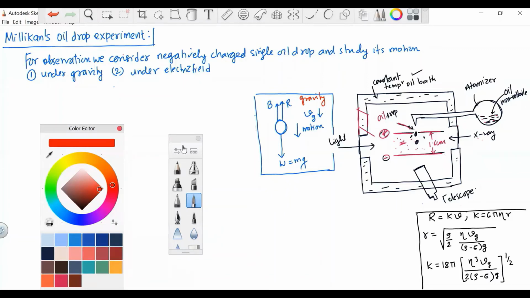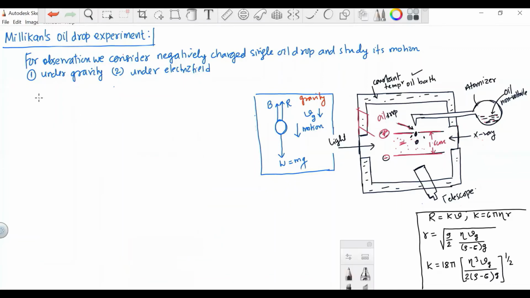Next, we study motion under electric field. Now, a potential difference is applied between the plates, clear? Such that the upper plate is positively charged and lower plate is negatively charged.